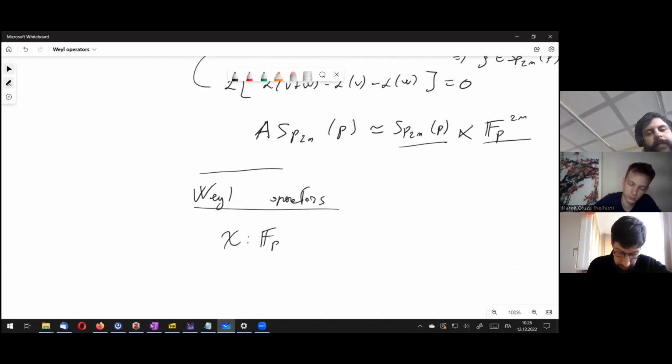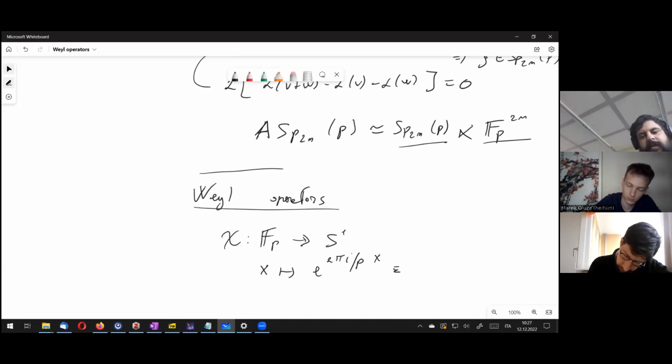This is just a map into the unit circle, such that an element x is mapped to e to the 2 pi i over p x, and this I just write as omega of x, to start with Marcus's notation.